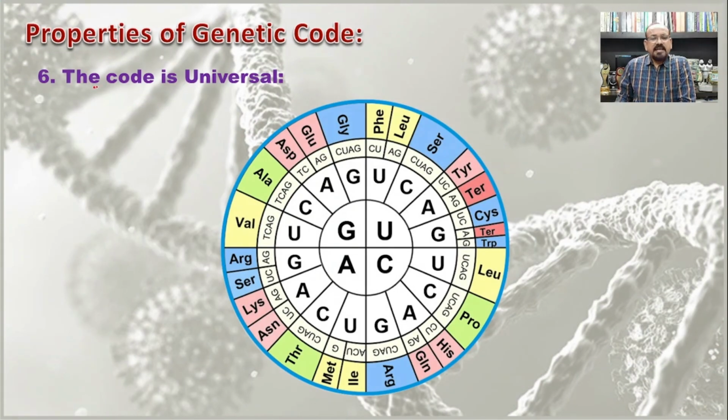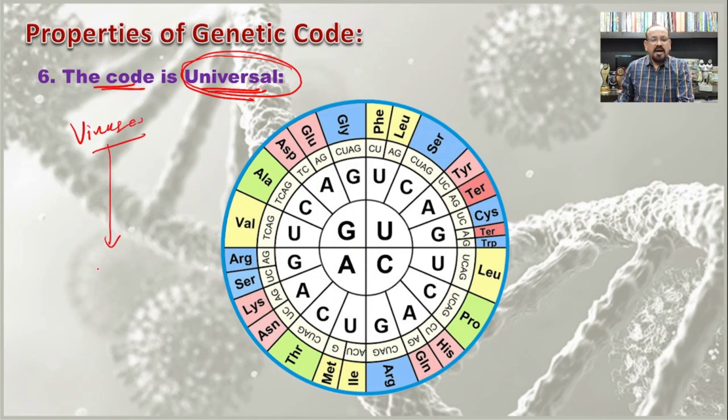The sixth one, that is the code is universal. Whenever we are talking about the universality of anything, it means that it must be the same everywhere. If you see the different organisms, from the viruses to the highly developed organisms, that may be the plants or the animals.